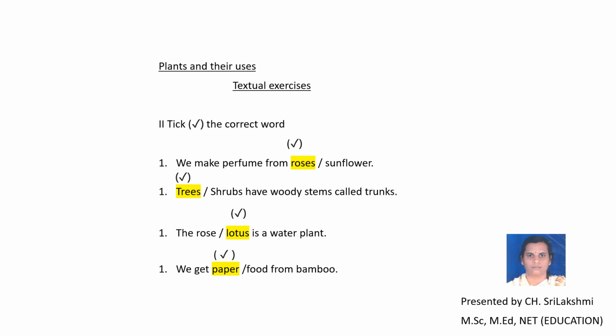Next, the rose or lotus is a water plant. So lotus is a water plant. So tick on lotus. We get paper or food from bamboo. We get paper from bamboo. So tick the paper as the correct answer.